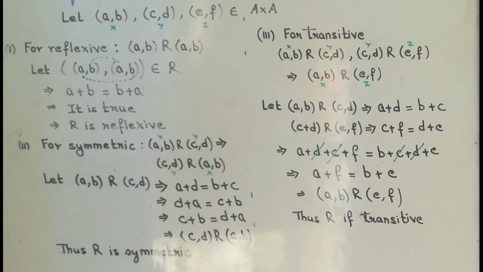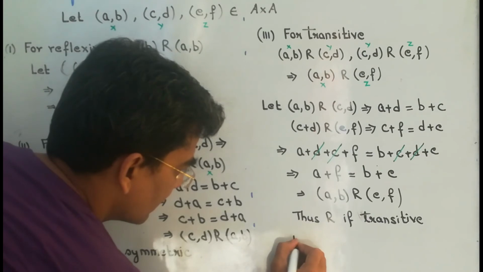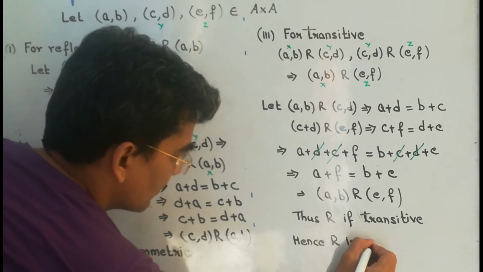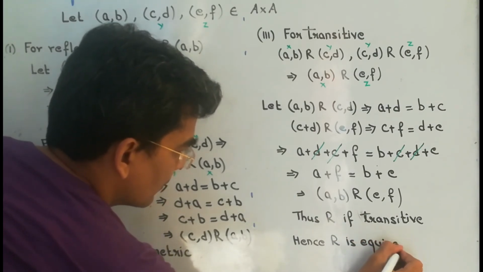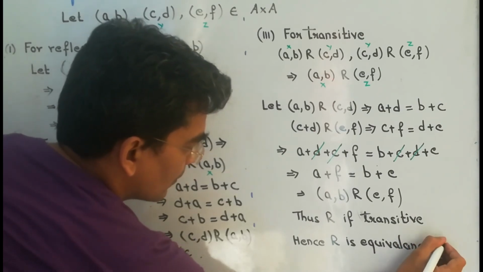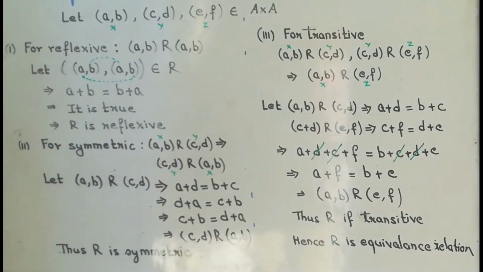So we can say that R is an equivalence relation. Hence we can say that R is an equivalence relation. So this we have done the first part, so you can note it down.